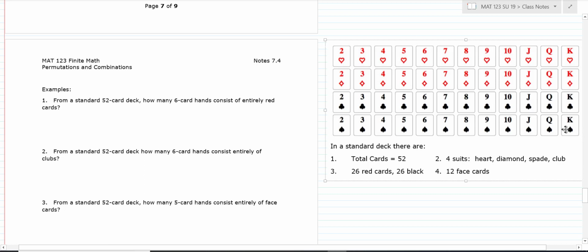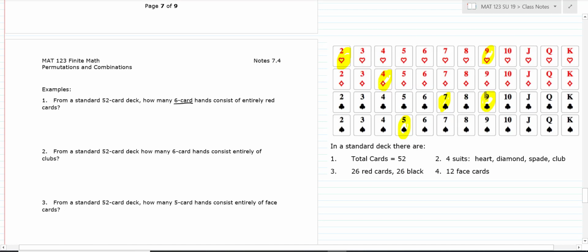Okay, so I wanted to set up this picture so as I'm going over these examples, we can refer to this. Now, first of all, this first example says from the 52 card deck, you're choosing 6 card hands. Let's just say that you were dealt these 6 cards.